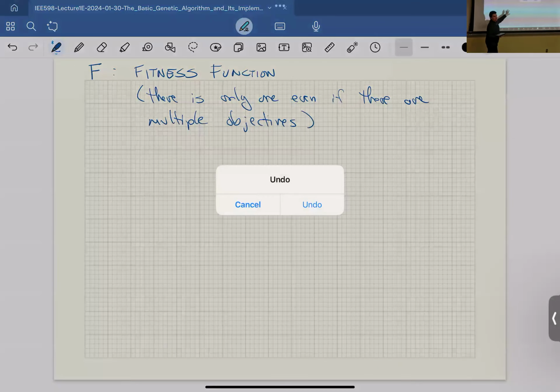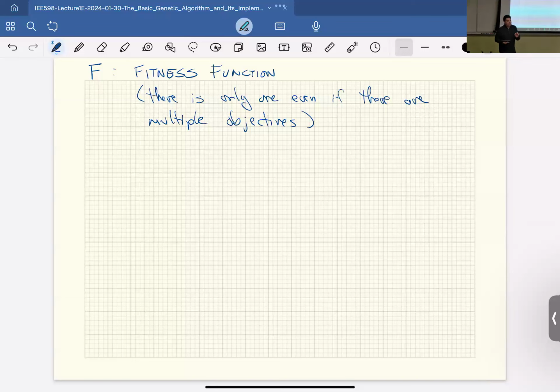Right now, big F is going to look identical to little f, but we want to try to keep it general in our heads. So basically, this fitness function, big F here, is a function of all the little f's.